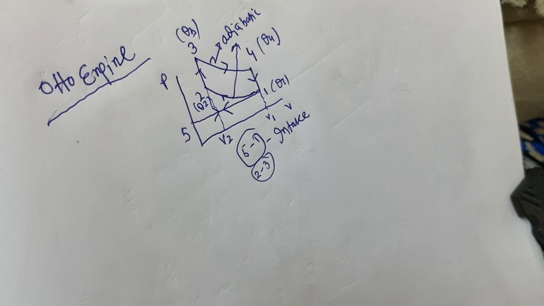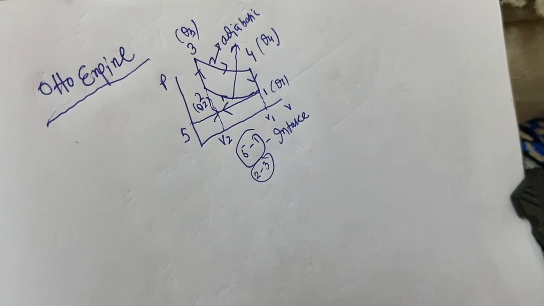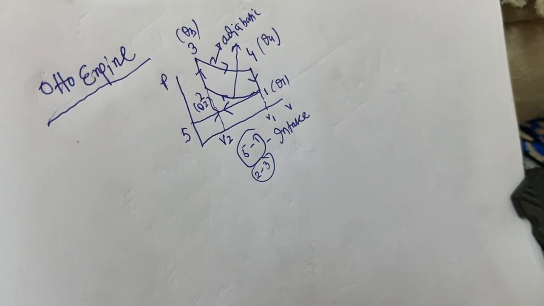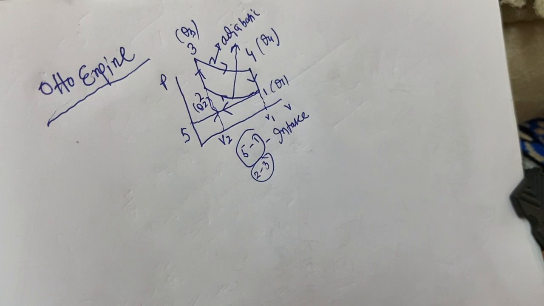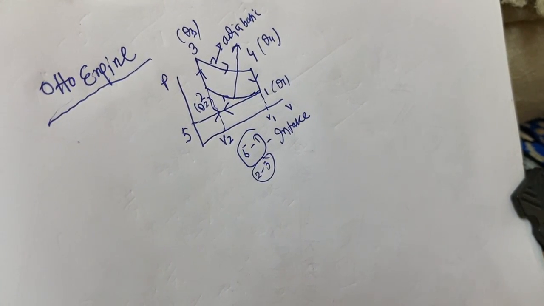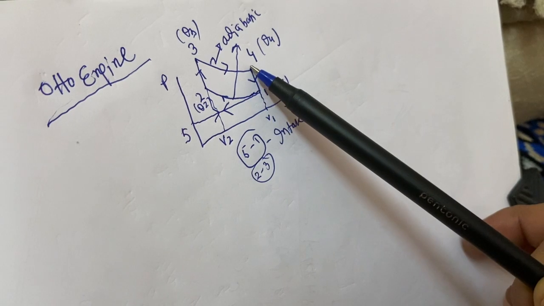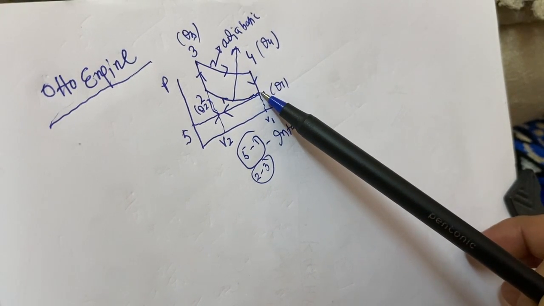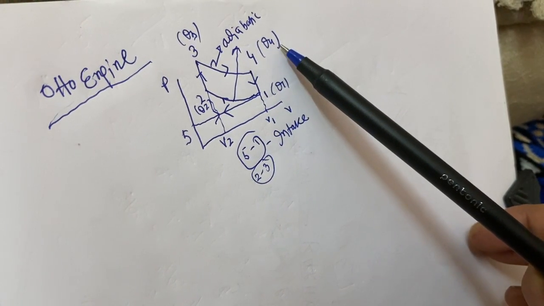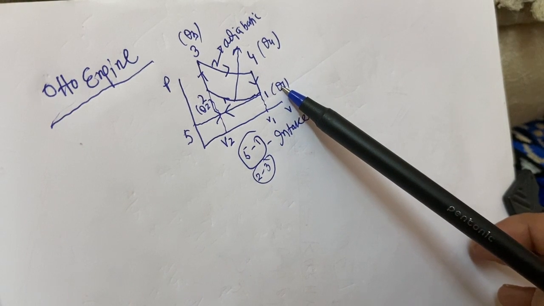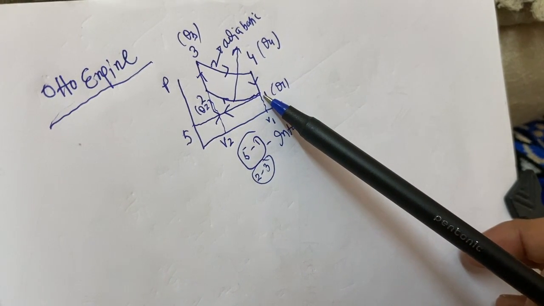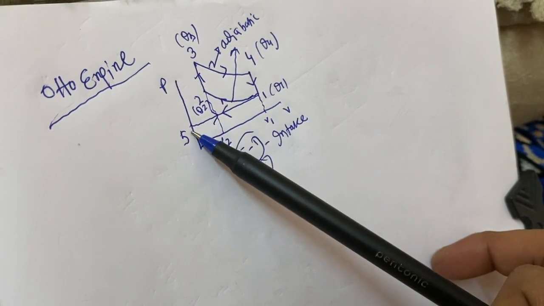Then we are again reversing the process, 3 to 4, it is also adiabatic process, and the process 3 to 4 runs until the temperature becomes theta 4, then it is stopped. Then we again do 4 to 1 process, so the temperature goes down from theta 4 to theta 1, and again 1 to 5 process.